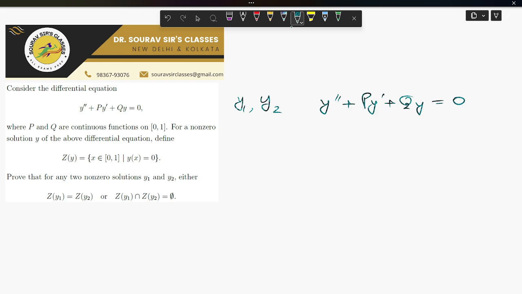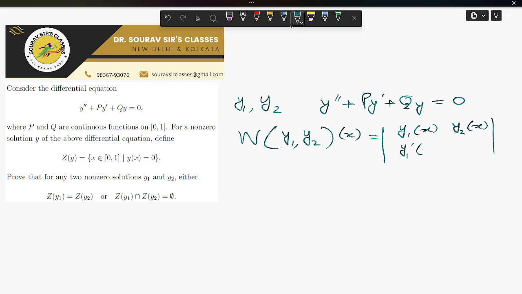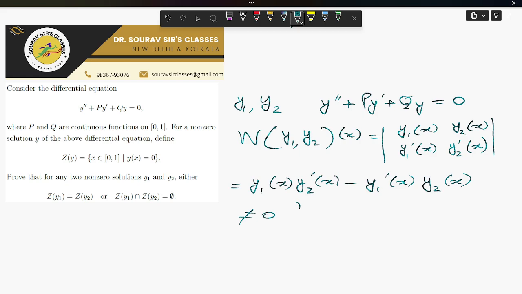The solutions y1 and y2 are linearly independent if their Wronskian, that means W(y1, y2)(x), which is equal to the determinant of y1(x), y2(x) and their derivatives, that is y1(x) y2'(x) minus y1'(x) y2(x), is non-zero for some x belongs to the closed interval [0,1].